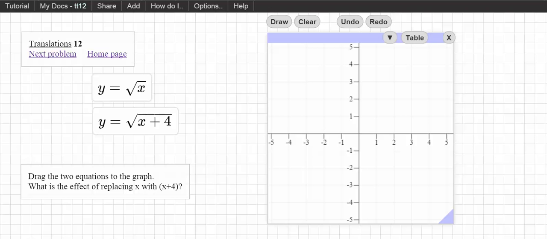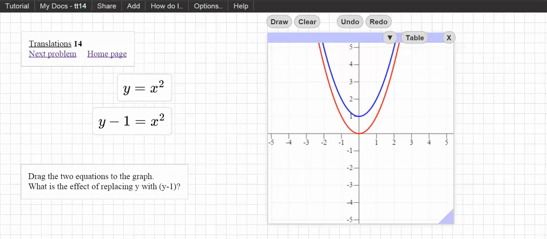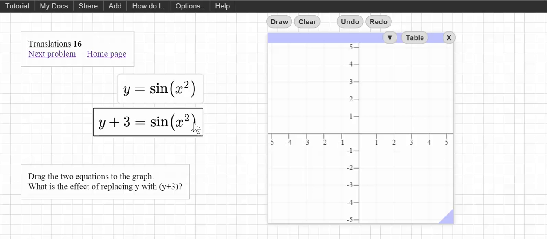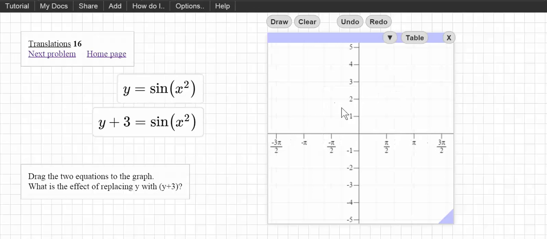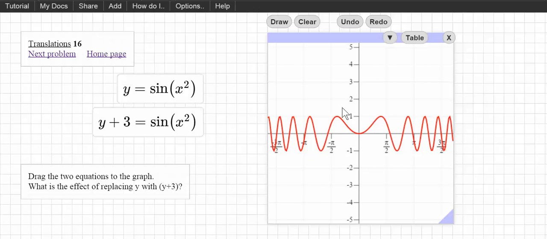The rest of the problems in the translation section vary horizontal and vertical translations, left, right, up, down, and also which function. For instance, a horizontal translation. Here's a vertical translation. In order for students to discover that it's a universal notion of transformations, they don't need to know what this graph looks like.